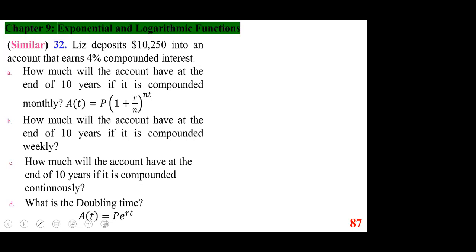A of t equals P times the quantity 1 plus r over n, to the nt. How much will the account have at the end of 10 years if it is compounded weekly? How much will the account have at the end of 10 years if it is compounded continuously? And what is the doubling time? A of t equals P e to the rt.